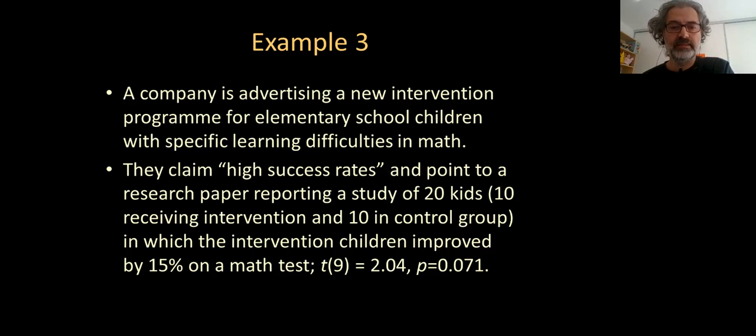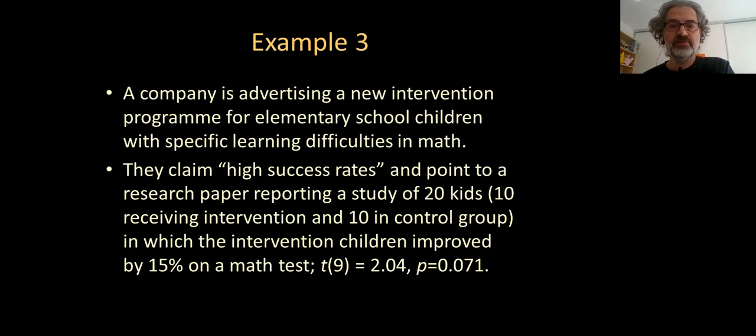They claim that the children who received the intervention improved, by a possibly impressive 15% on a math test, and they give specific information: a t-value of 2.04 and a p-value of 0.07.